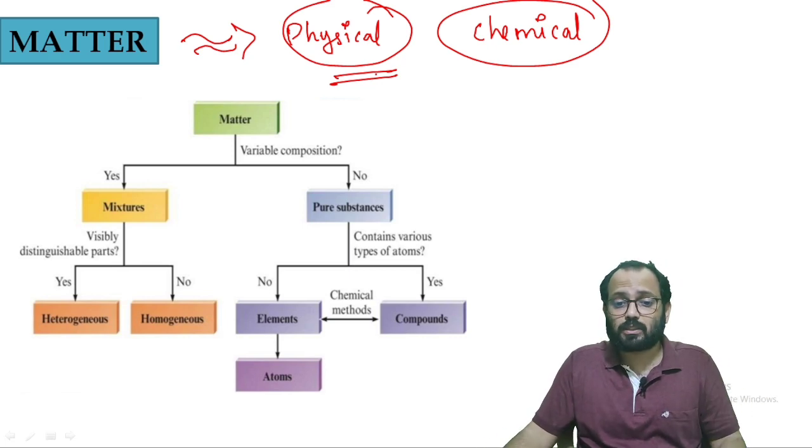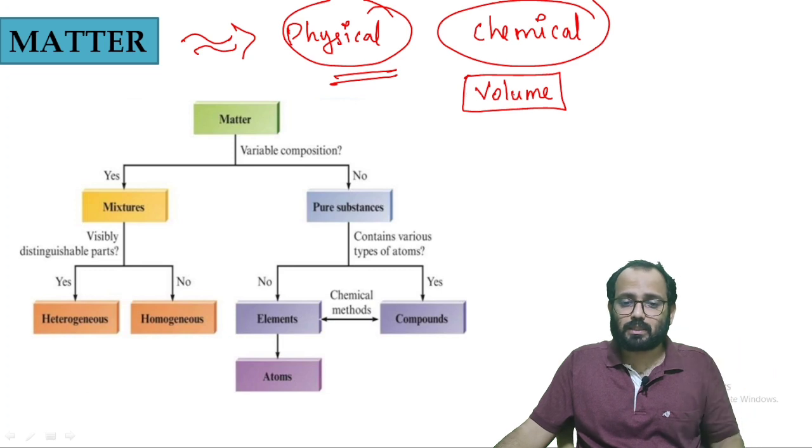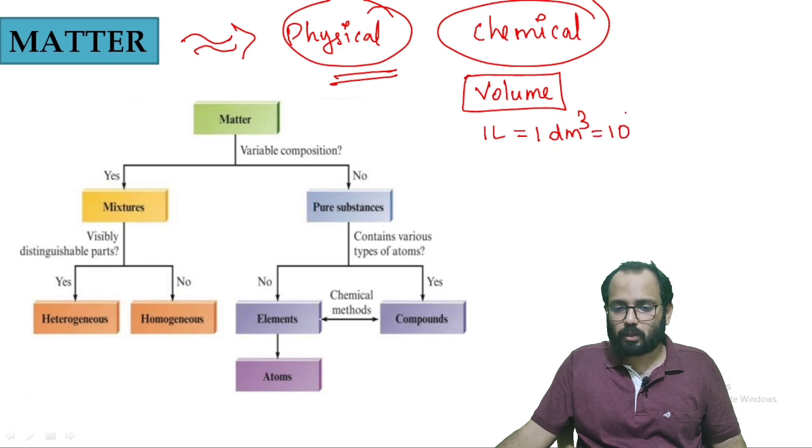So these conversions are very essential. For volume conversions, we have already discussed in states of matter, but still, 1 liter is equal to 1 dm cube, which is equal to 10 power 3 centimeter cube, which is equal to 10 power 3 ml, which is equal to 10 power minus 3 meter cube, right? Yes.